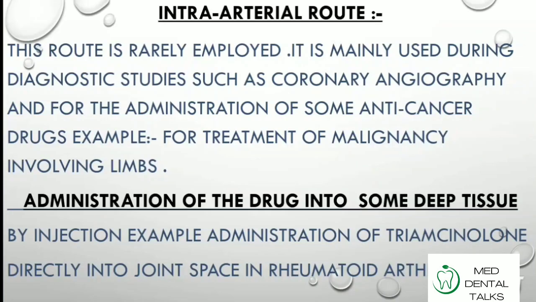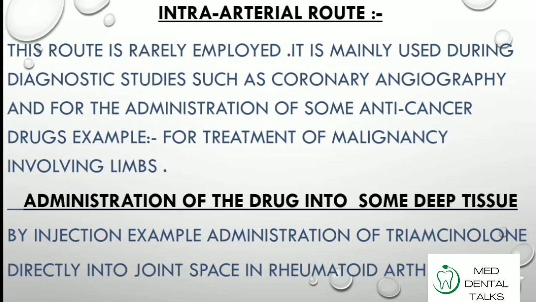Now, intra-arterial route. Close intra-arterial injection is used, for example, for diagnosis, and for administration of some anti-cancer drugs for the treatment of malignancy involving the limbs. Now the administration of the drug into some deeper tissue.